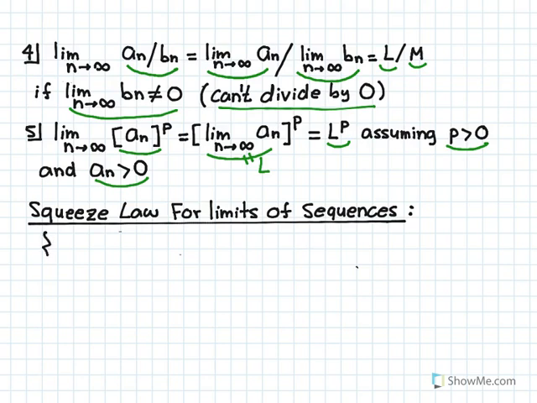All right, let's look at the squeeze law for limits of sequences. Let's assume that an and bn and cn are sequences where n is larger or equal to 1.